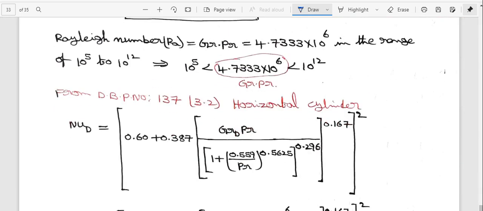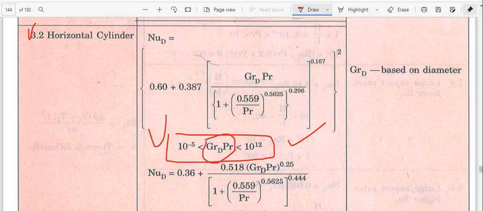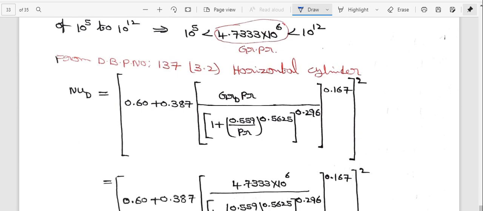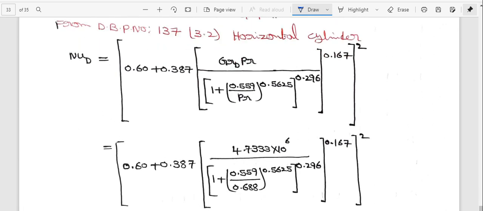That's why I am considering this formula, 0.60 plus 0.38. So we can substitute these values. In this question we have to observe like this: 0.59 Pr power 0.5625. First of all we need to calculate this value. After that add plus 1.